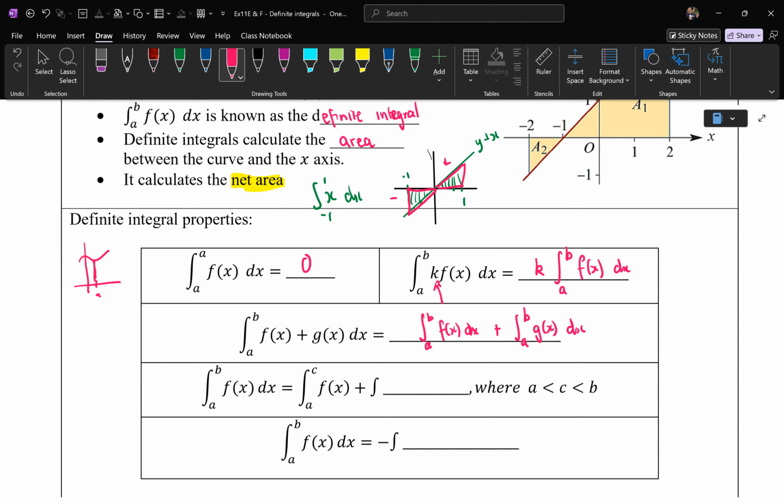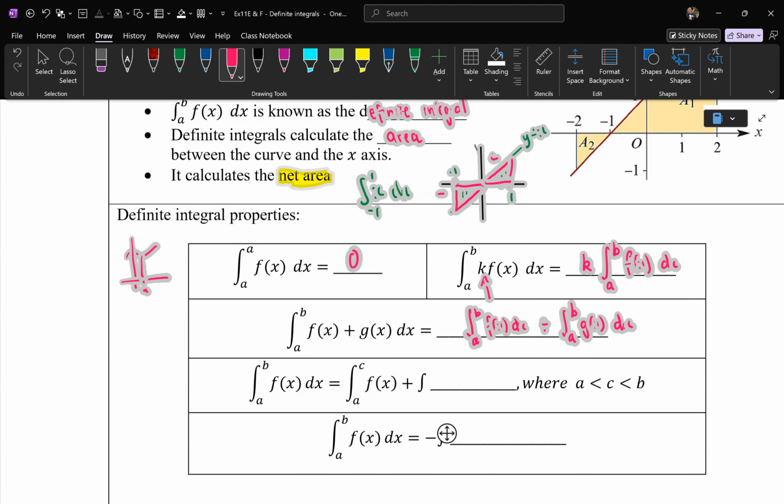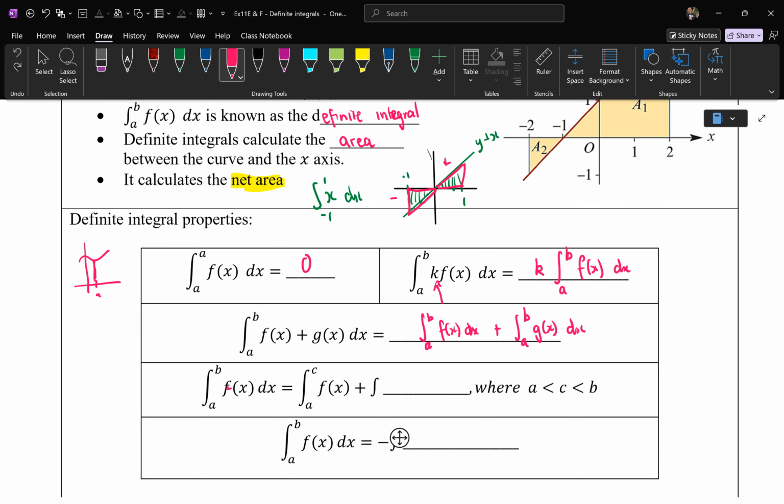So here, what I'm trying to say is that you can split that function up to say from A to C and then C to B. They're two separate calculations.